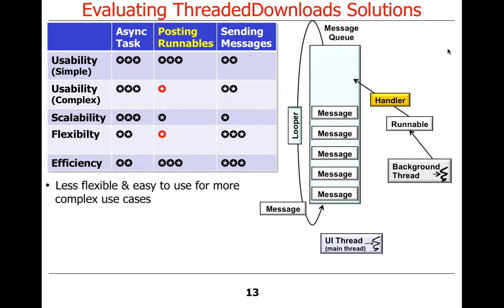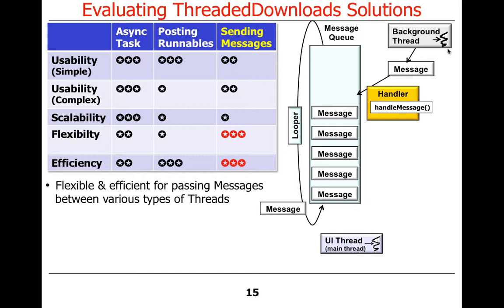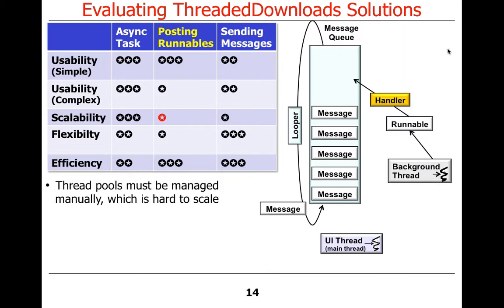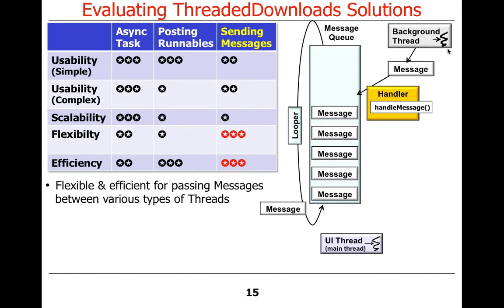So there is not an easy way to have the receiver do anything sensible to modify what it got. It just blindly runs it. And so it's also not very flexible. It doesn't really scale up very well. If you want to make multiple threads, you have to spawn the threads and manage them and so on. It doesn't do it for you. But it is very efficient because it doesn't have much overhead.